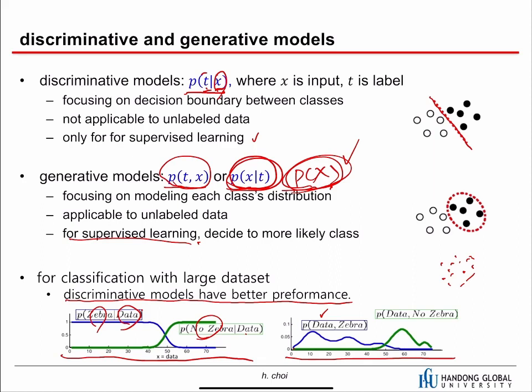But here's the thing. When a data set is large enough, discriminative models are pretty much always better than generative models.